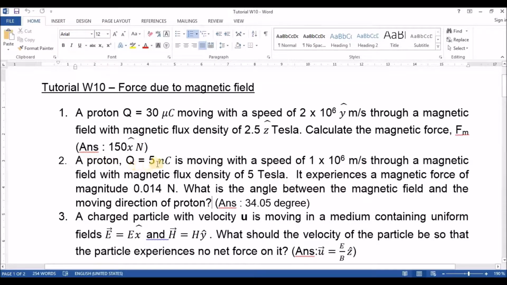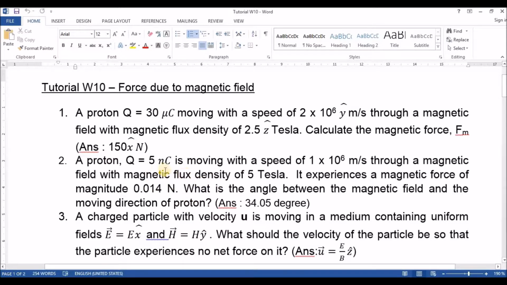A proton, so this is the Q value of this proton, is moving with a speed, so this is the speed, through a magnetic field with magnetic flux density of 5. It experiences a magnetic force of 0.014 newtons. And what is the angle between the magnetic field and the moving direction of the proton?